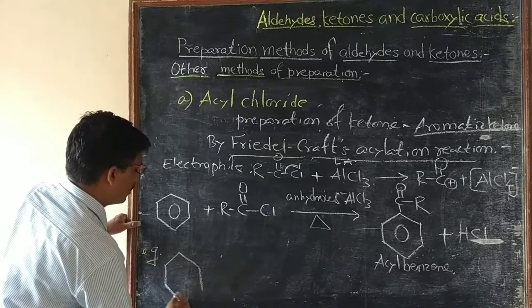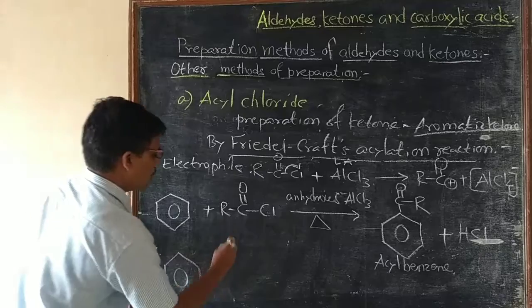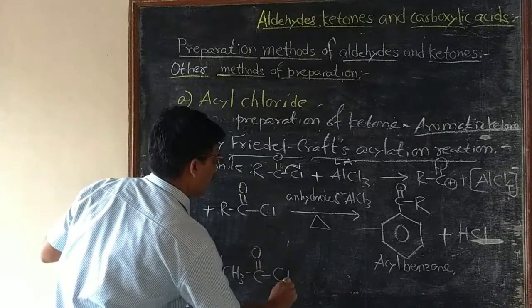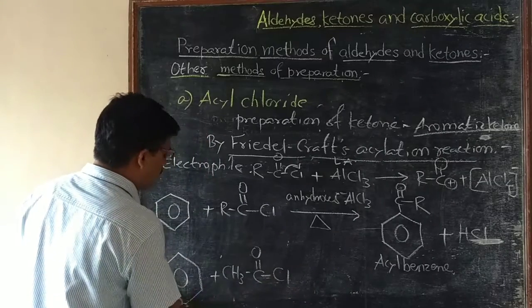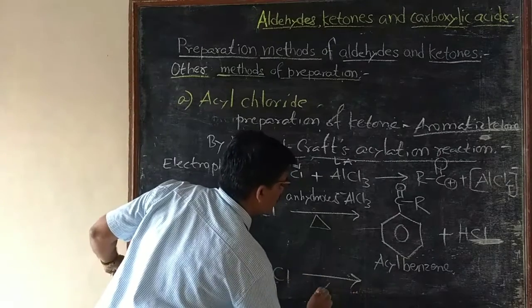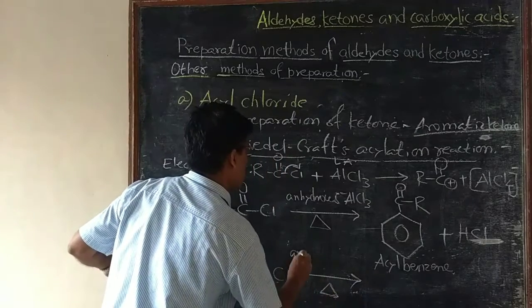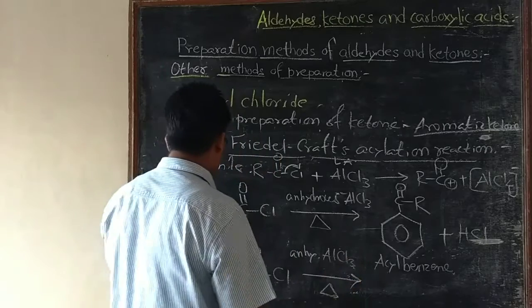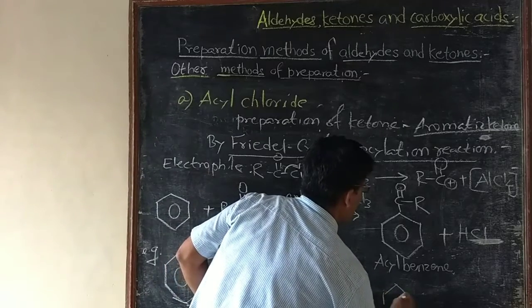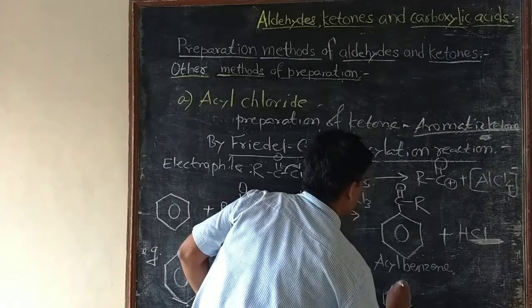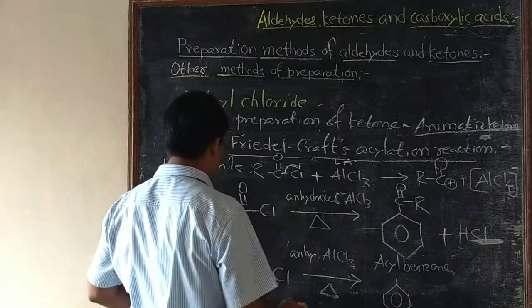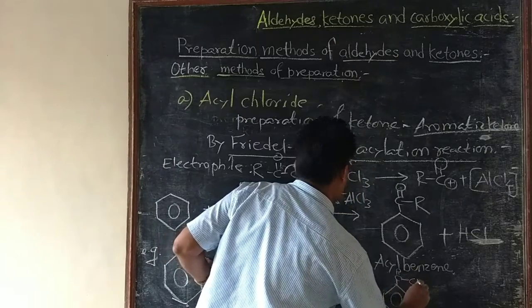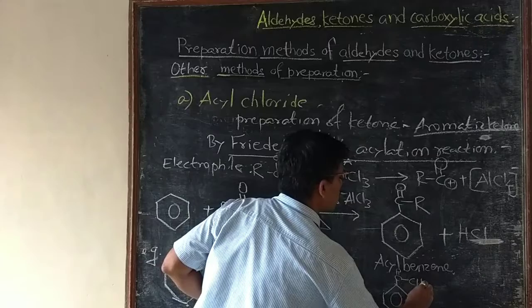For example, benzene reacts with acetyl chloride. When benzene is heated with acetyl chloride in presence of anhydrous aluminum chloride, it forms the acetyl derivative of benzene, that is C double bond O and this CH3.